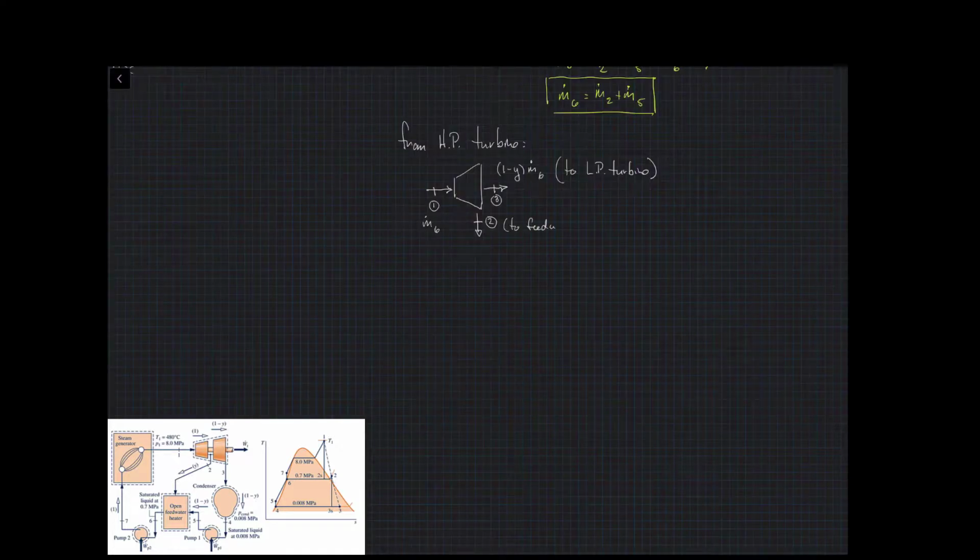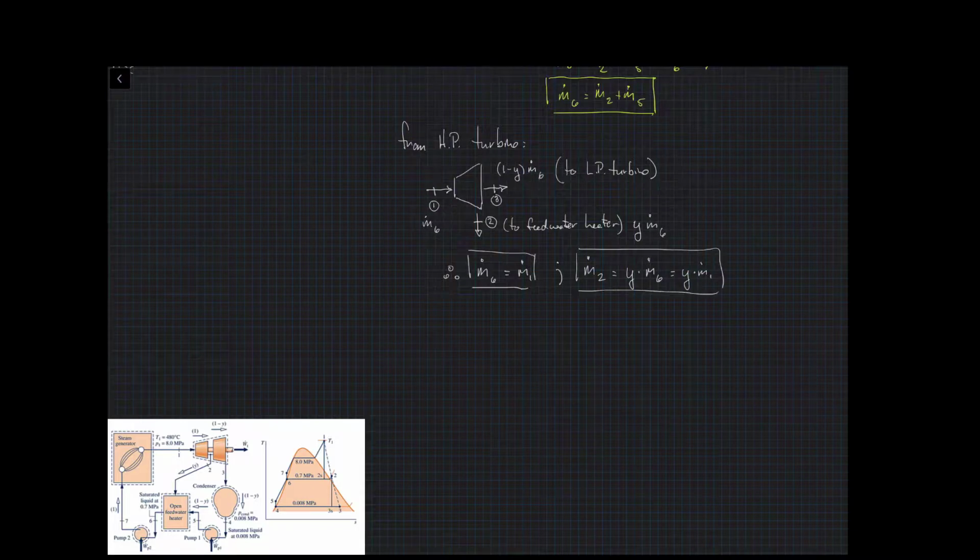So right off the bat, we see that since there's only 1 in, 1 out, out of the open feed water heater and the high pressure turbine, that m.6 must be the same as m.1, and that's what we are noting here. And the rest, the amount of mass flow to the low pressure turbine is given to us as 1 minus y, where y is the mass fraction that's being bled from the inlet flow, which is m.1.